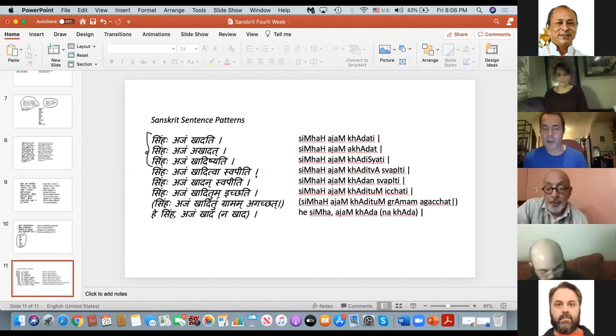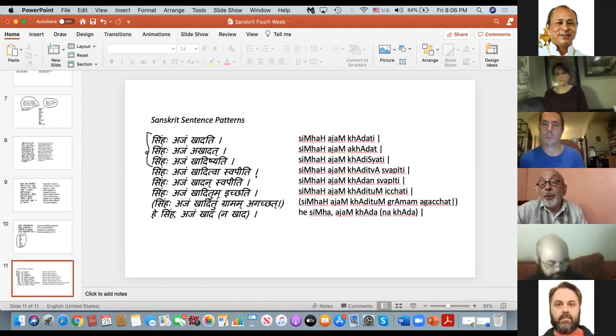So you can combine verbs. Yeah, combine two sentences in one place using khaditva. This is a very unique thing. Very interesting for linguists as well, because when the Sanskrit speaking people came to India, they didn't have this kind of thing.